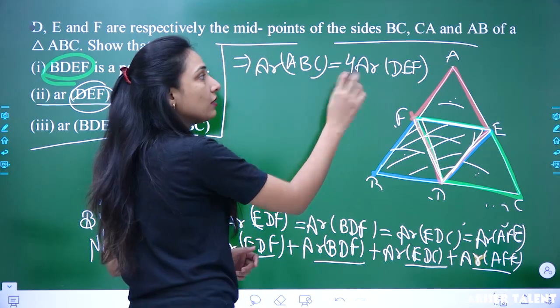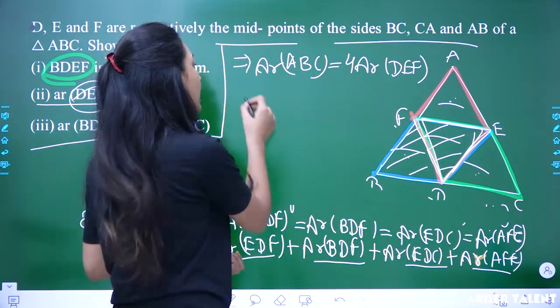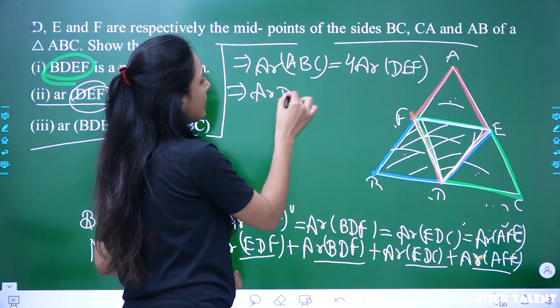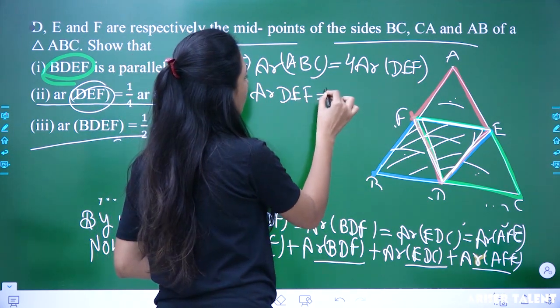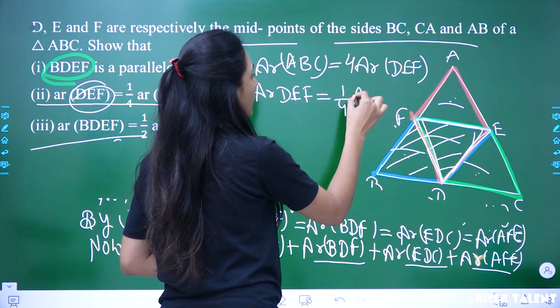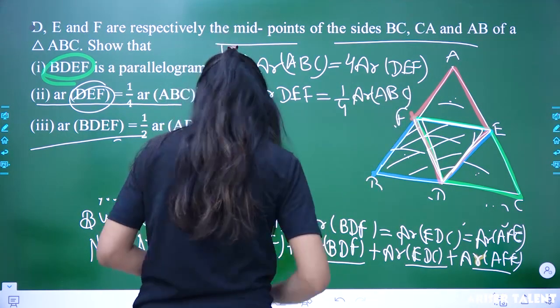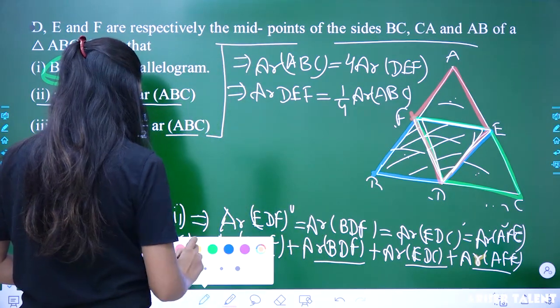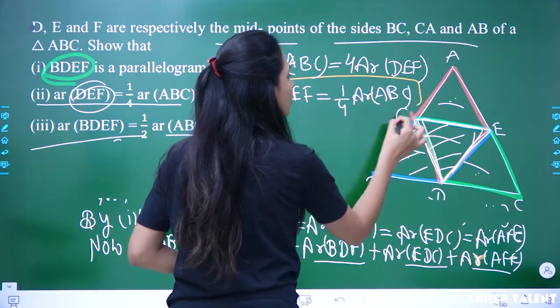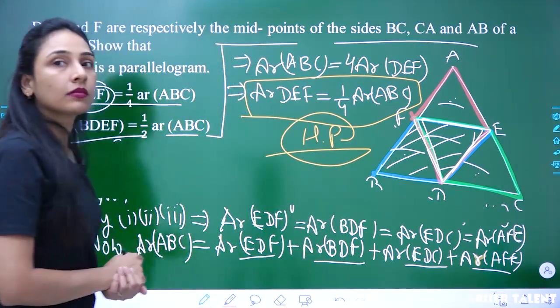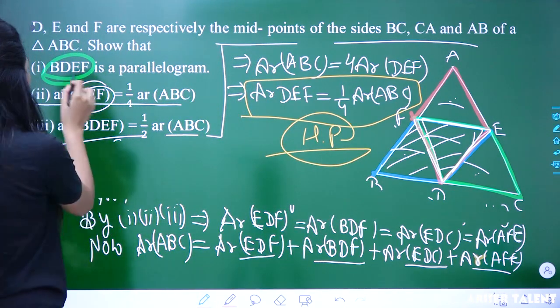So I am going to have this 4 area DEF. That implies that area DEF is equal to 1/4 of area ABC. Okay, and this was what we had to prove. Understood? The second is done.